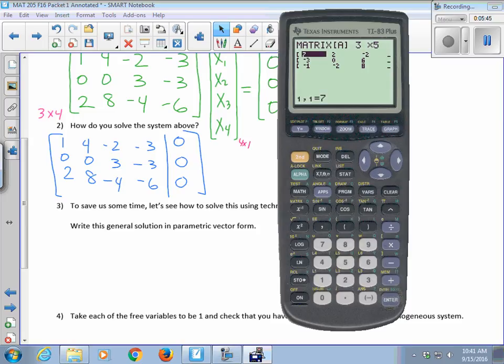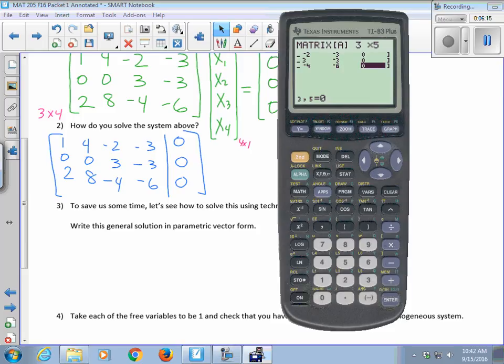And then we just enter as we go across. So we have 1, 4, -2, -3, 0. And then 0, 0, 3, -3, 0, 2, 8, -4, -6, 0.